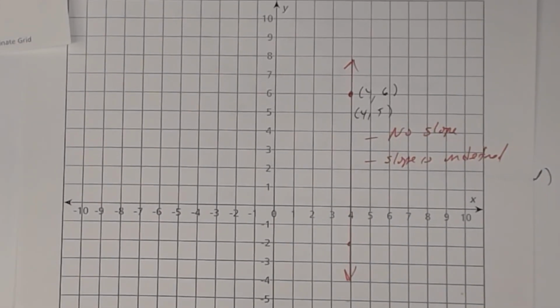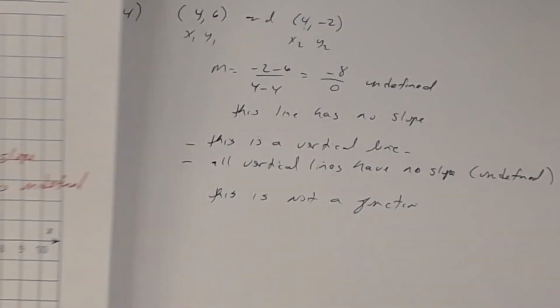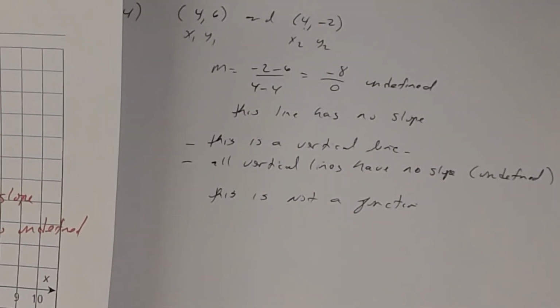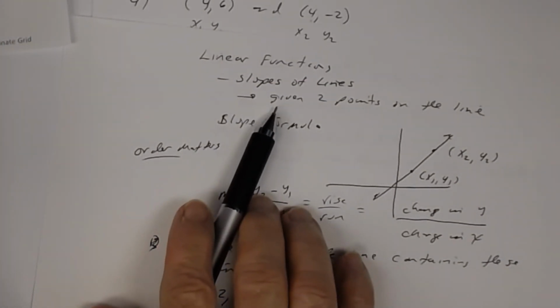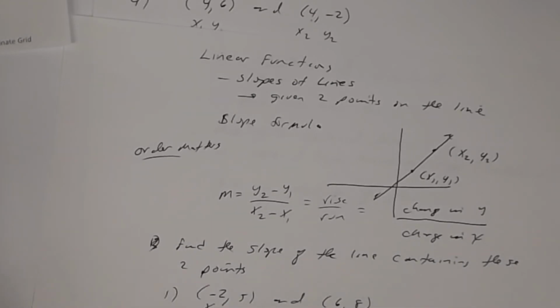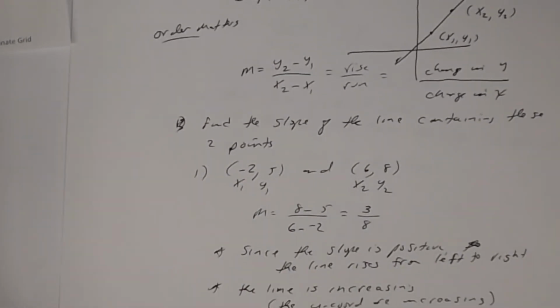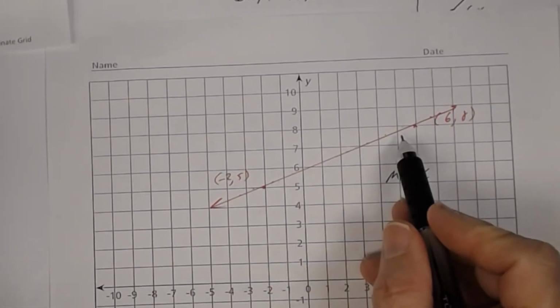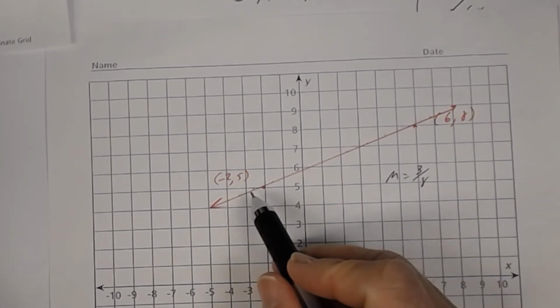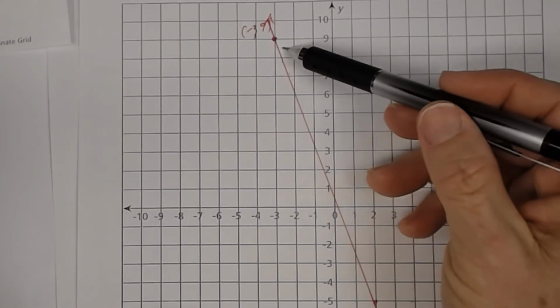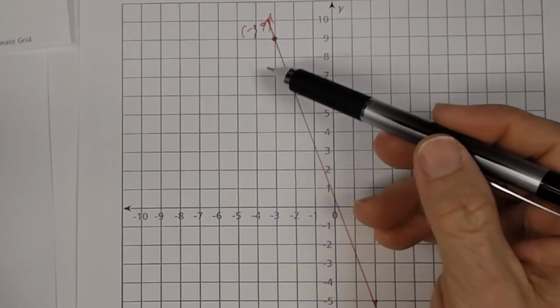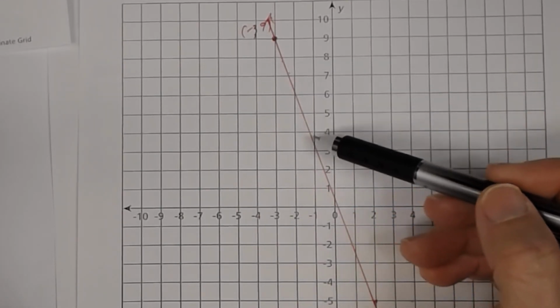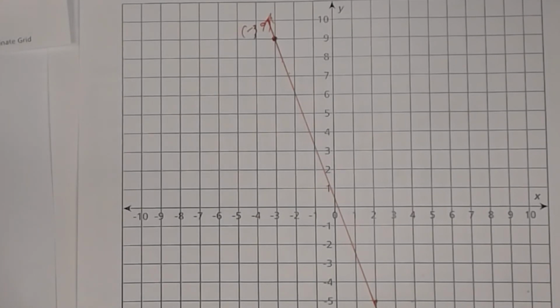All right, so this basically was a review of finding the slope of a line given 2 points. Just make sure you understand that this is increasing. The line rises, slope is positive, it's increasing. Here, the line falls, so my y coordinates are decreasing, so this is a decreasing function.